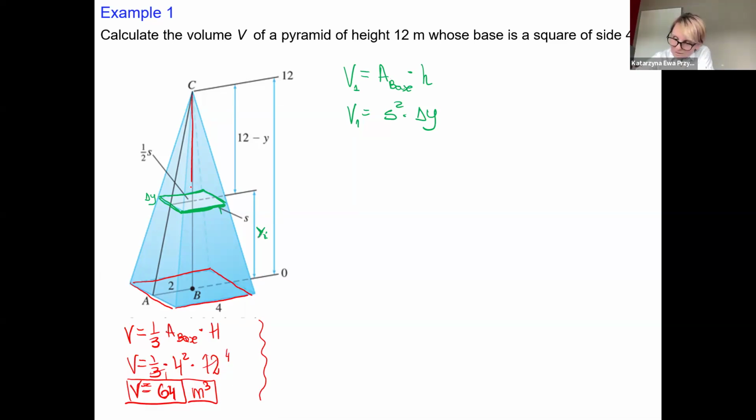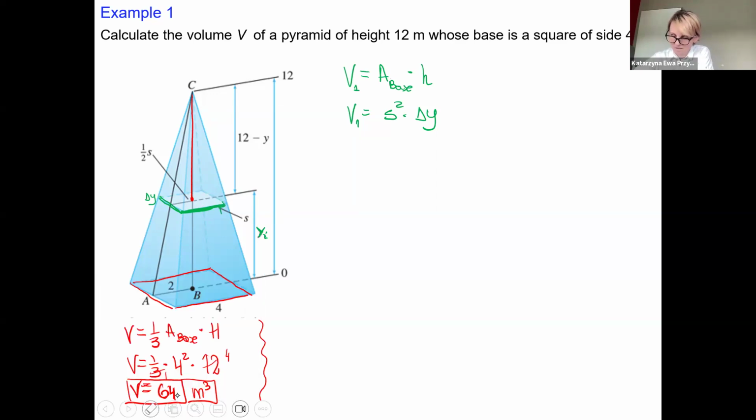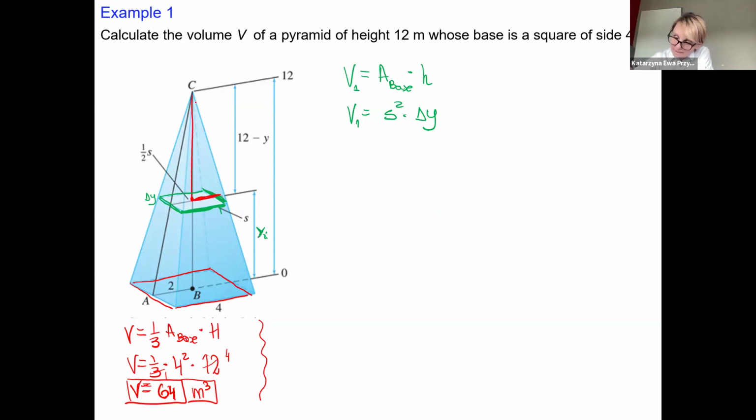Let me look. This is the middle of this, and let's touch here, because I would like to see a couple of triangles. This and this, and this will be the right angle.